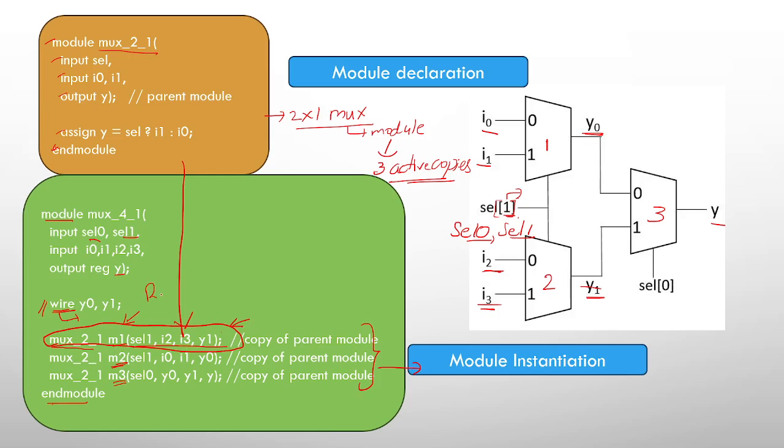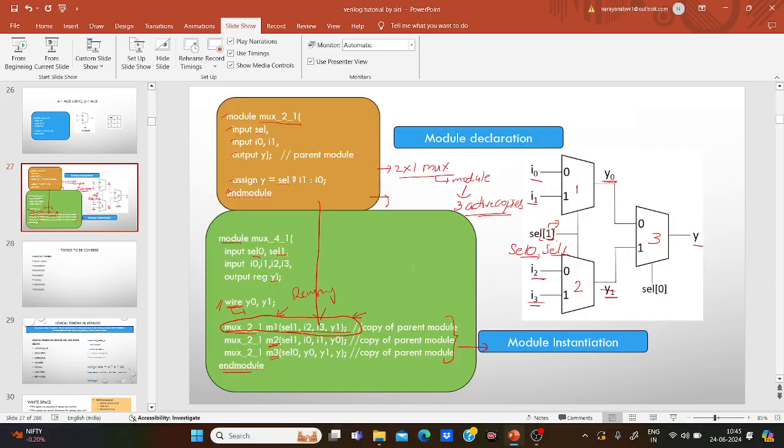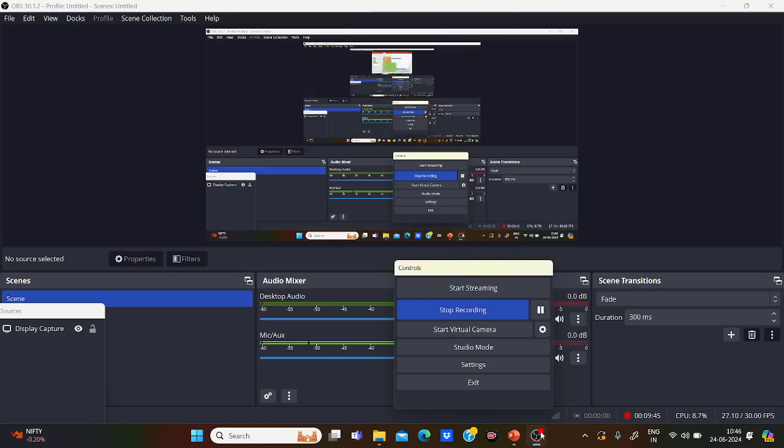That is called reusing. You are using this entire code, reusing it here. Got my point? So this is how module instantiation takes place. This is the example of module instantiation.